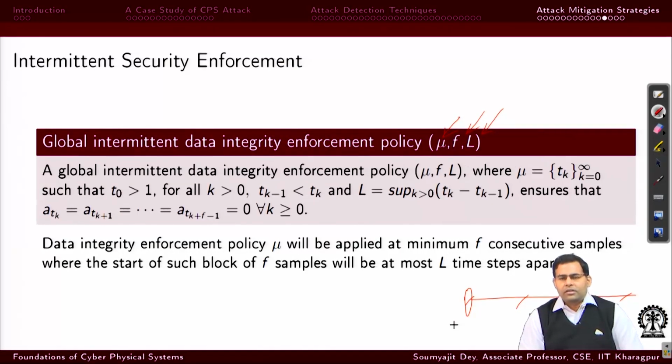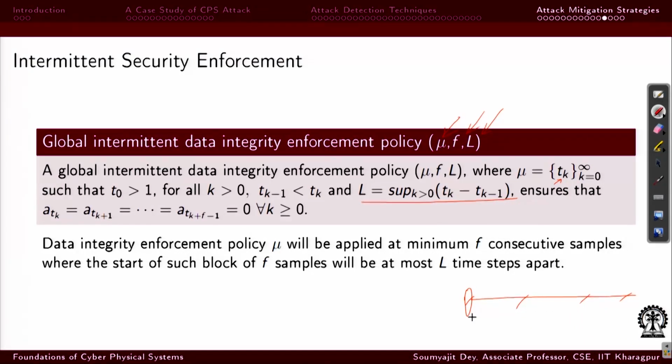So, that is a sequence of those t_k values where I apply the security primitive, and then L is basically telling me the maximum separation, the supremum, between all the consecutive time points.